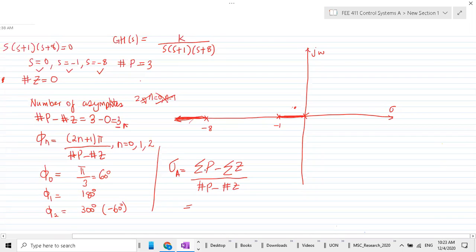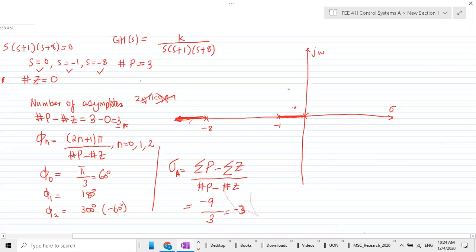We have our poles here, 0, minus 1, minus 8. So we sum this: 0 plus minus 1 is minus 1. Minus 1 plus minus 8 is minus 9. And we don't have any zero, so it's just minus 0. So we have minus 9 as our numerator. And the number of poles minus number of zeros is 3.